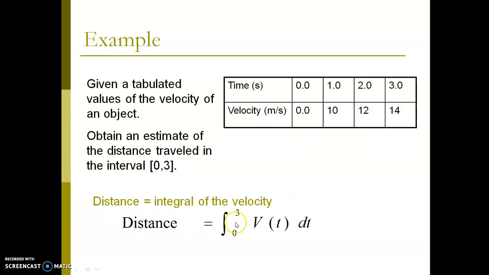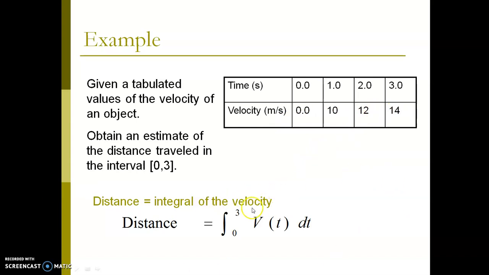Nobody will say that you use an integration formula, but it should be understood that distance is nothing but the integration of the velocity. So we need to take the integration in the range 0 to 3 for the velocity, which can be expressed as v of t, a function of time, and its values can be used from the table.